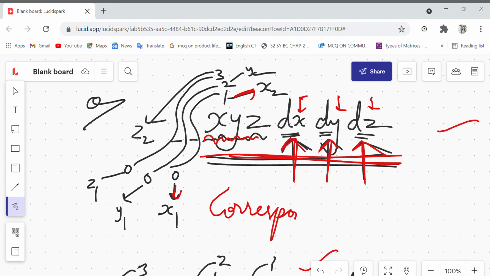I will give another example for triple integration. Let me clear the board. Wait a second. So now let's go ahead with another simple example, or we'll go with a complex one.